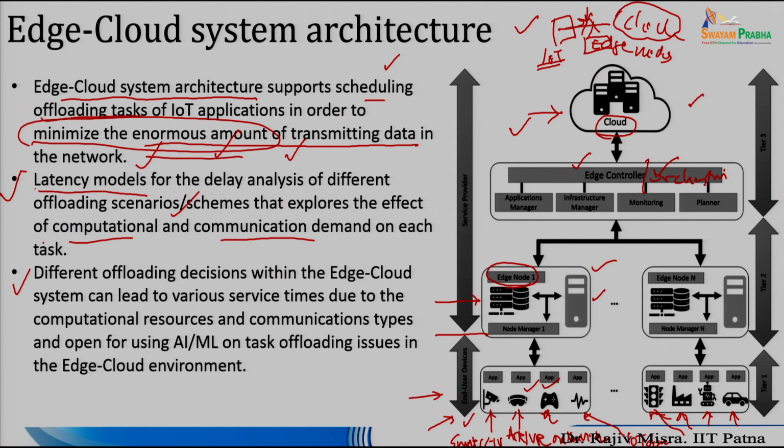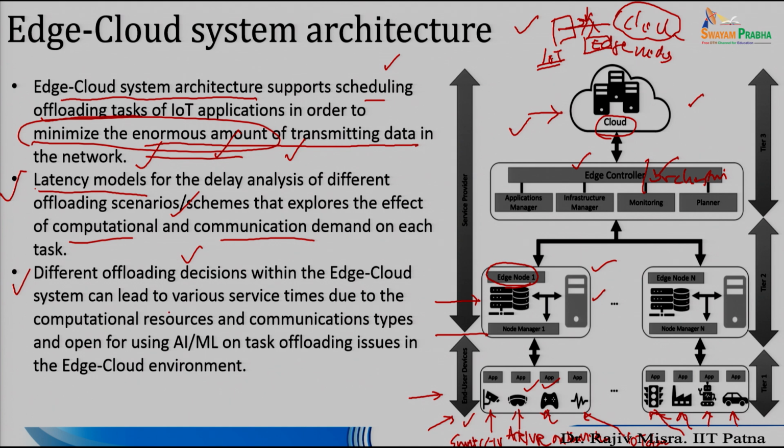Now, that means, given this particular framework that is called edge cloud system, there are possibilities of different ways of task offloading, and these are called different offloading decisions within the edge cloud system. Now, if different types of offloading decisions are possible, then you have to evaluate which one will be the best for supporting that latency sensitive application.